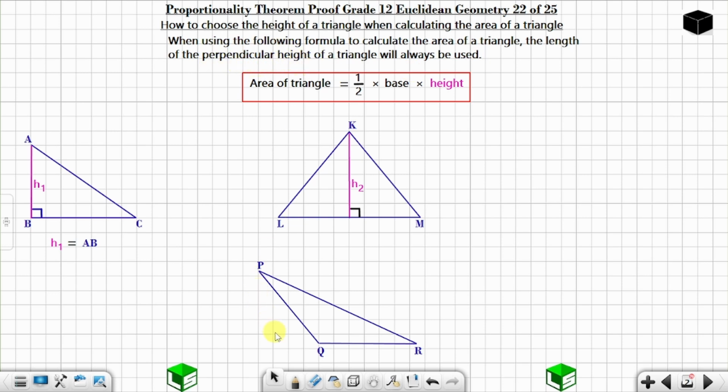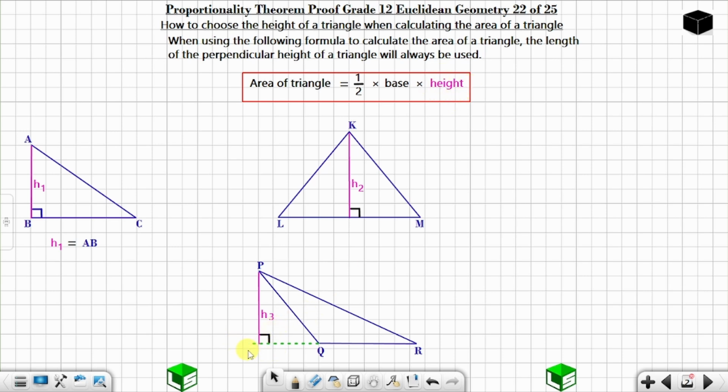So, to get the perpendicular height, if you consider QR as your base, you can extend QR like this. Now you have this line from vertex P perpendicular to this line. Now this is going to be the height, the perpendicular height to be used in this formula.